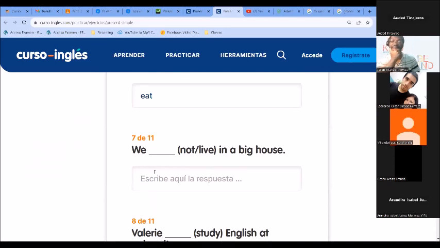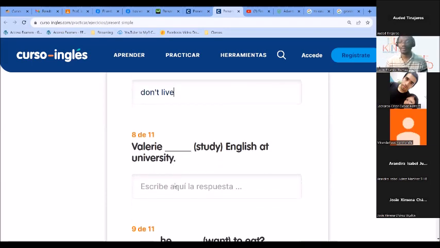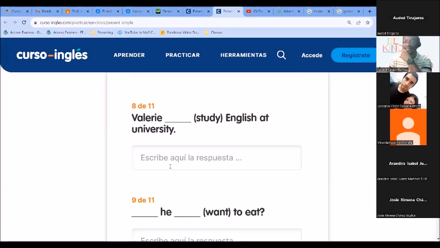Betania, Azucena. Still with us? We don't live in a big house. We don't live in a big house. All right, good. Number 8. Valerie studies English at university. Perfect. Good. All right.